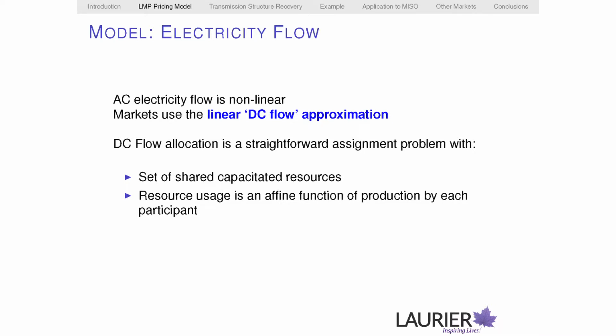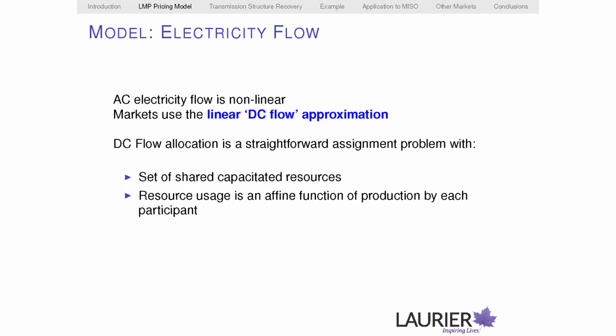Essentially it's a straightforward assignment problem where there's a set of public resources, and depending on where you are in the market footprint, a generation of a particular 1 megawatt is going to have an affine effect on the amount of available capacity over that particular resource. So a transmission line would be this public resource, and the usage of that resource is locational, and we can approximate it using a linear constraint.